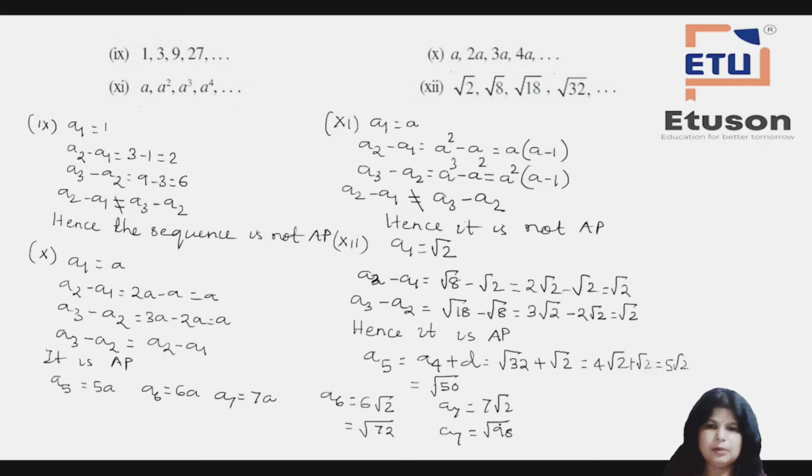So subsequent numbers are root 50, that is 5 root 2, then root 72, that is 6 root 2, and root 98, that is 7 root 2. Correct?